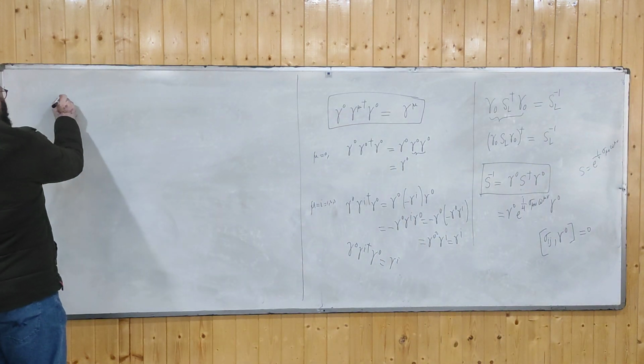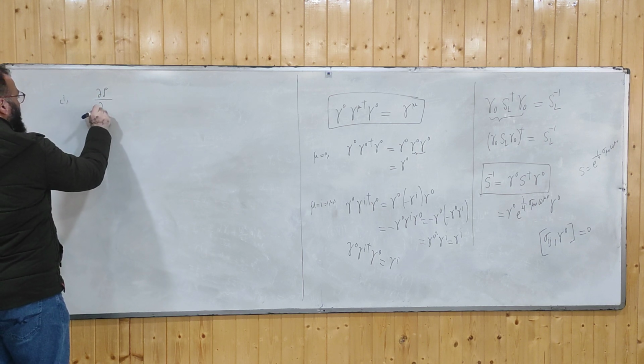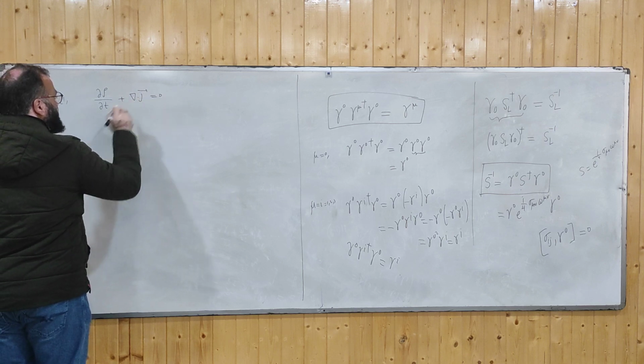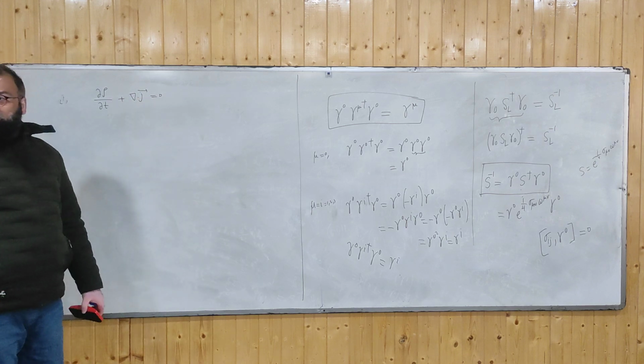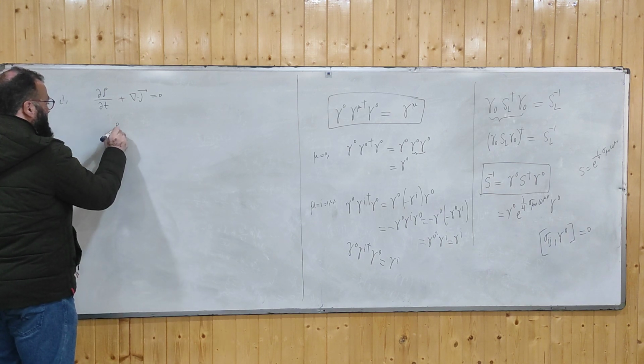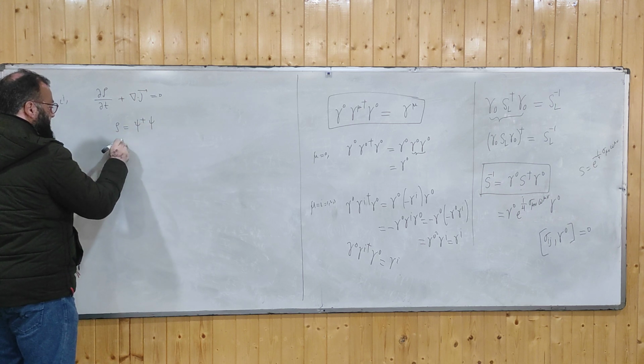So let's go to the continuity equation. You have partial rho by partial t plus del dot j equal to 0. So what is our rho? That is psi dagger psi. And what is this j?